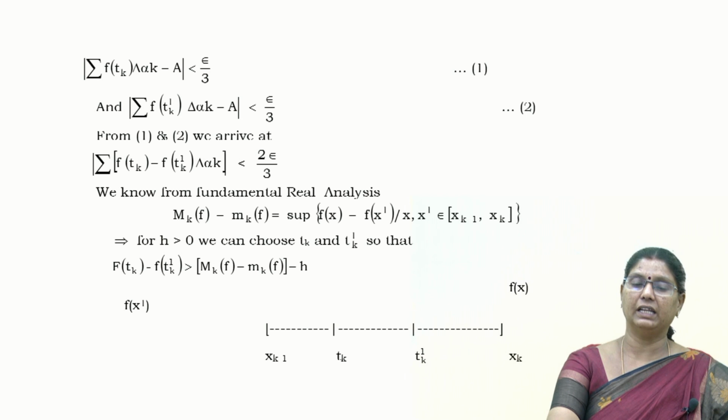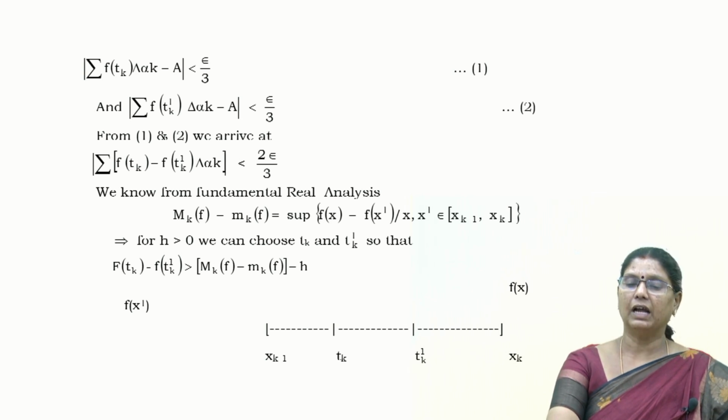That is, here A denotes the integral a to b f d alpha, and similarly modulus of summation of f of Tk dash into delta alpha k minus A is less than epsilon by 3, and from these two we can write summation of f of Tk minus f of Tk dash into delta alpha k is less than 2 epsilon by 3.